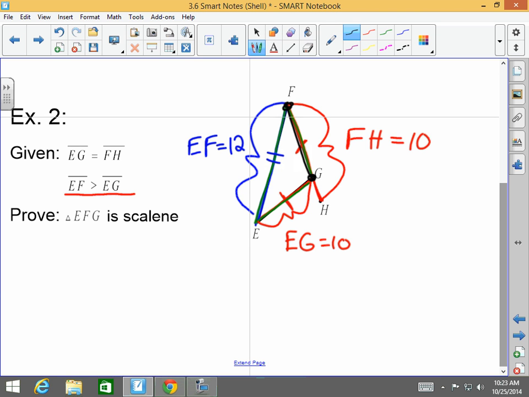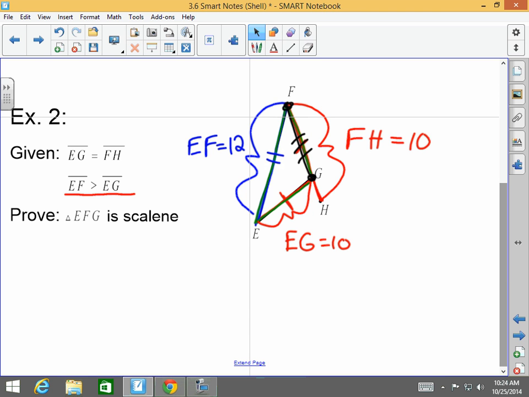Well, it has to be smaller than FH. So that is also going to be different. And now if you look at the sides here and the way I wrote the tick marks, none of the tick marks are equal, so that means none of the sides are equal. So that means that triangle EFG is scalene by definition. Hopefully the numbers made that a little bit easier for you.